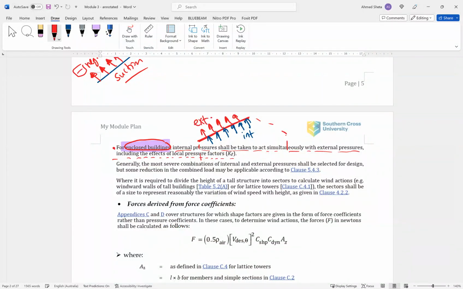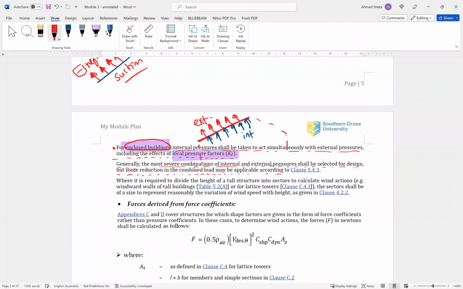You can consider both internal and external acting simultaneously, considering the local pressure factor KL. Generally, the most severe combination of internal and external pressure shall be selected for design, but some reduction in the combined load may be applicable according to this clause.